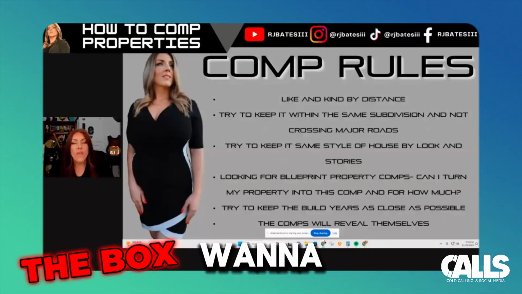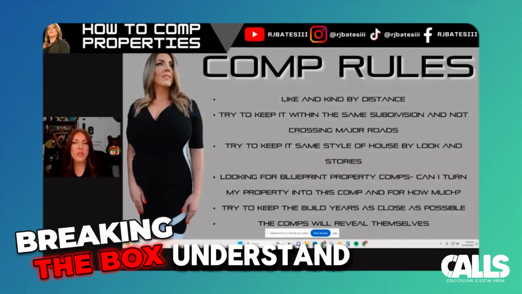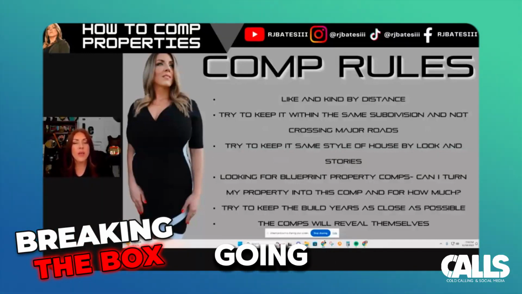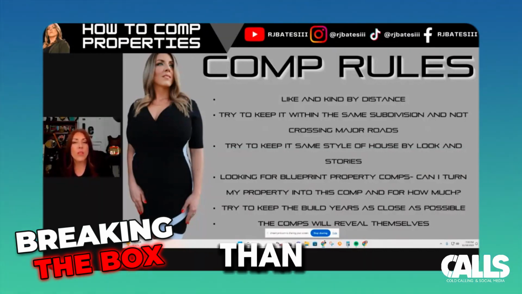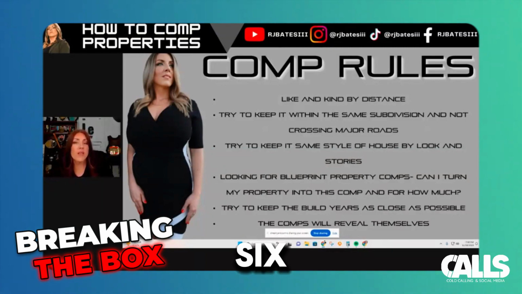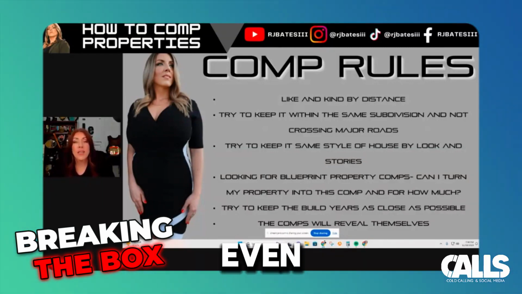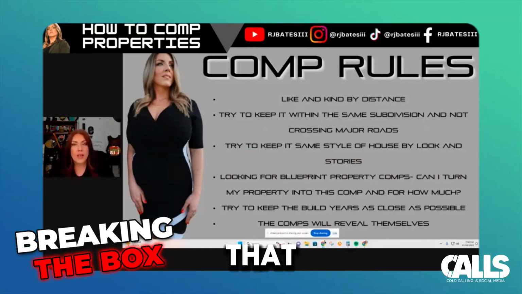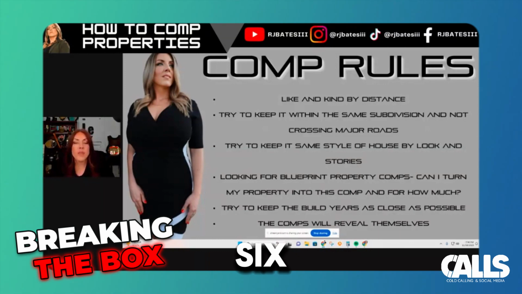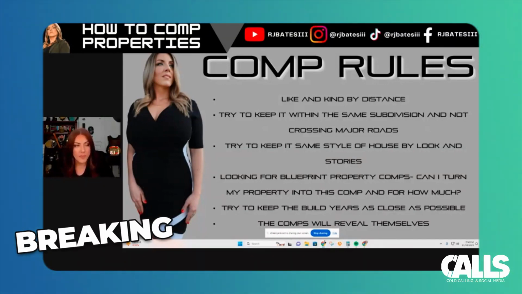You don't want to force a comp, but you also want to understand that the appraiser is going to have at least 3, and more than likely, if 6 are available, they will have 6 comp properties. I've seen even more than 6. I've seen 9. But understand that they are aiming to have 6 comparable properties on an appraisal.